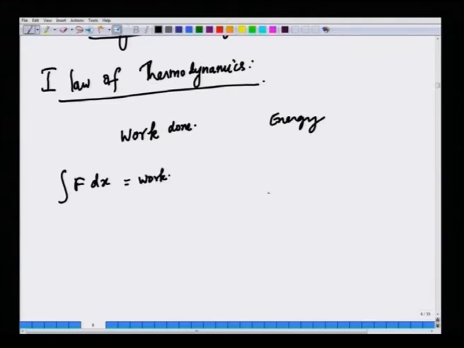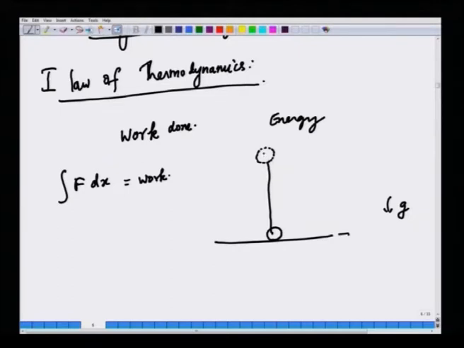For example, you could have a ball, okay, at the ground level, and let us say gravity is acting downwards. So, suppose I apply a force over a distance and push this ball up. So, we have done work on this ball by moving it over a distance. Okay. So, that is work done on the ball, but what happens to that work done?